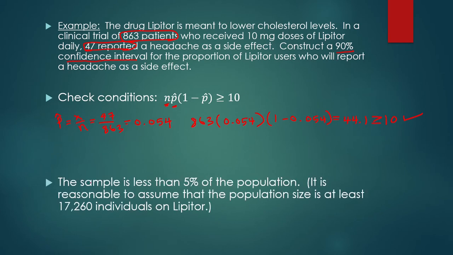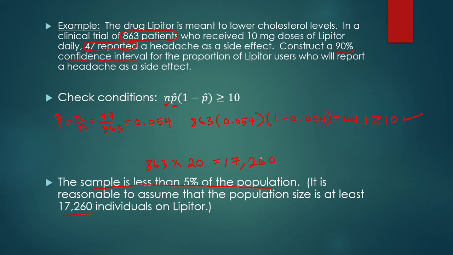Condition 2, we have to make sure the sample size is less than 5% of the population size. So we're going to assume this by saying the population size is at least 17,260 individuals. Where did I get this number, 17,260? I took the sample size, 863, and multiplied it by 20.